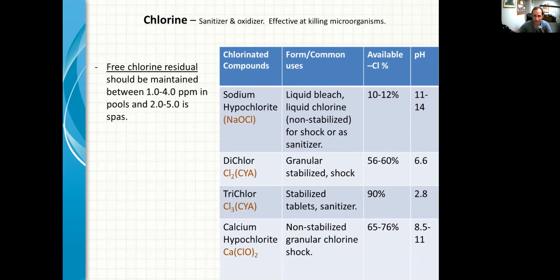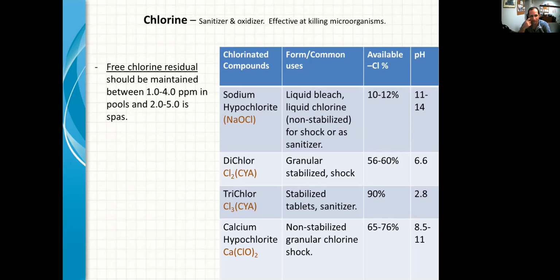The liquid is the least concentrated, as you know, at 10 to 12%, and dichlor is between 56 and 60%. Trichlor tabs are the most concentrated at 90%, and the calcium hypochlorites are all around 70% available chlorine.